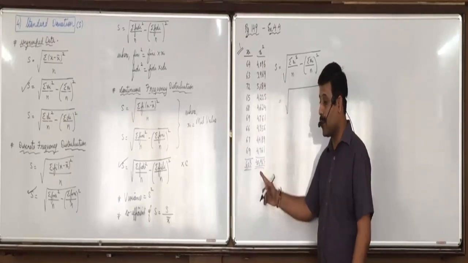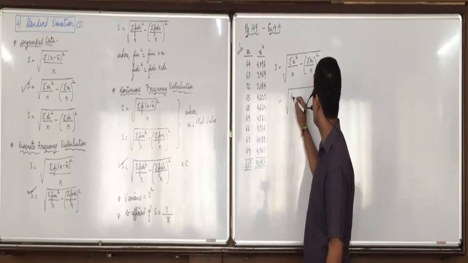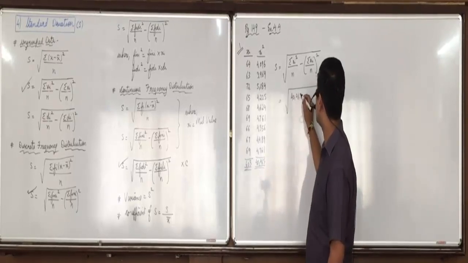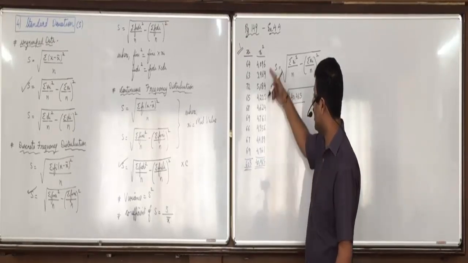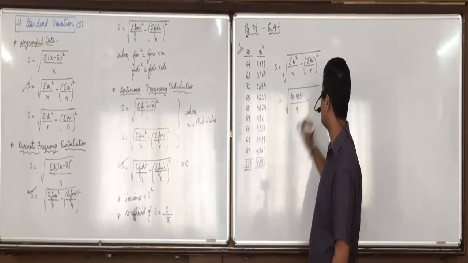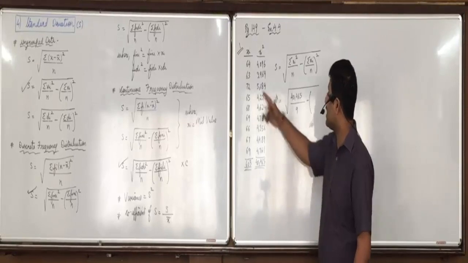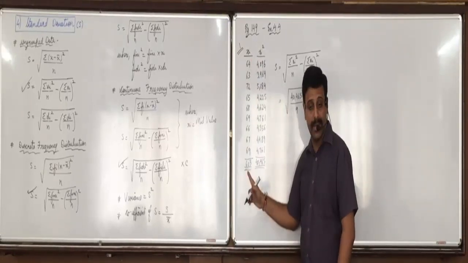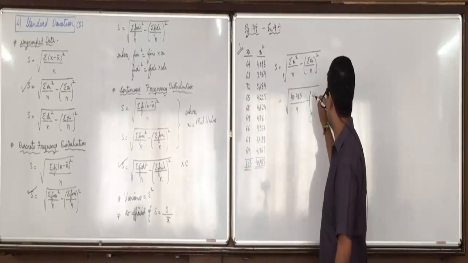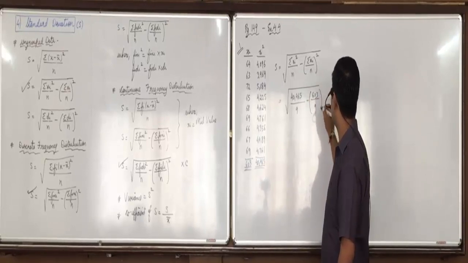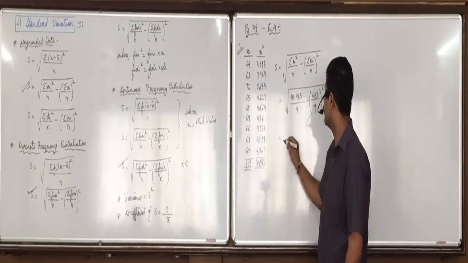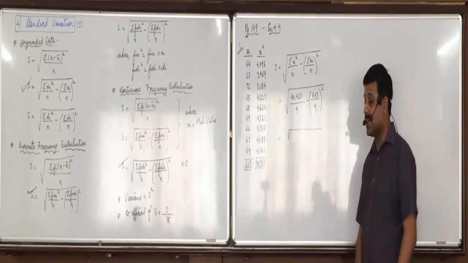Sigma xi square is 40465. So square root of 40465 upon n, there are 9 observations, minus sigma xi, which is 603, divided by n, again 9, whole square. Did you understand this?